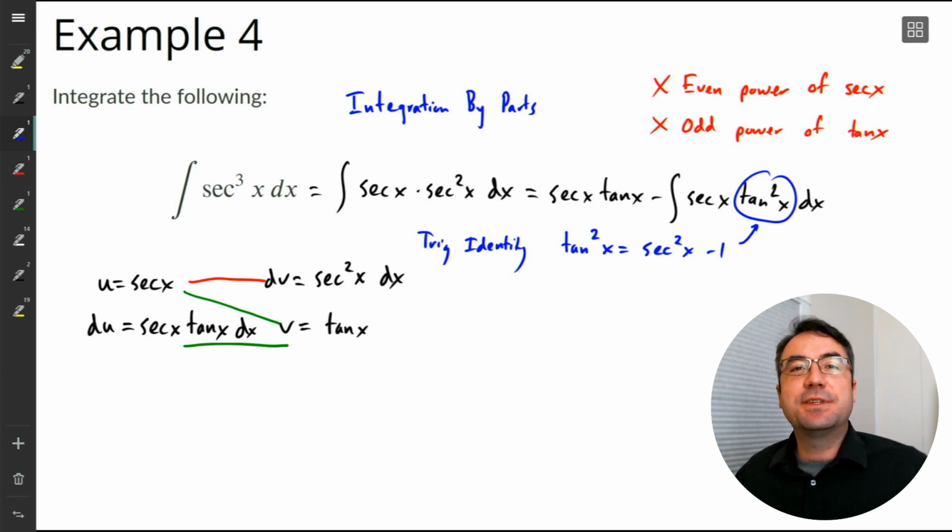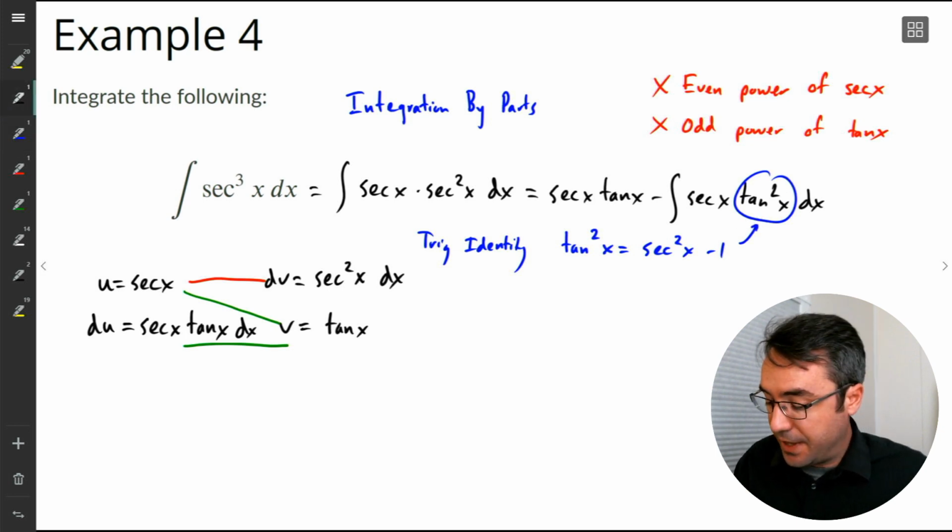But we're still having some difficulty with this new integral. It's not an even power of secant. It's not an odd power of tangent. So then we try one of our other strategies. So just try using a trig identity and see what happens. We're going to convert that tangent squared x into secant squared minus 1. So let's fill that in.